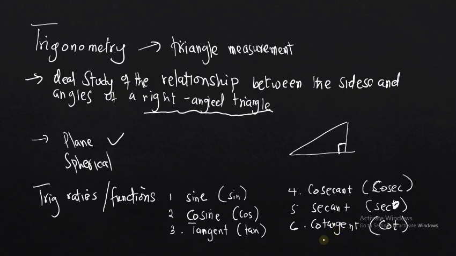We'll talk more about these trigonometric ratios later. But for now, let's just focus on the first 3 and see how they are related to a right angle triangle. So when you have a right angle triangle, the angle here must be 90.